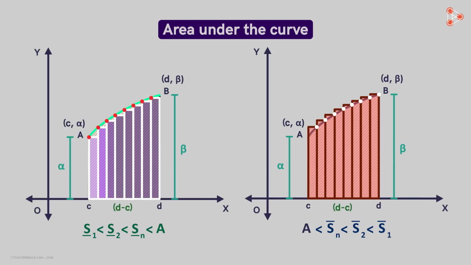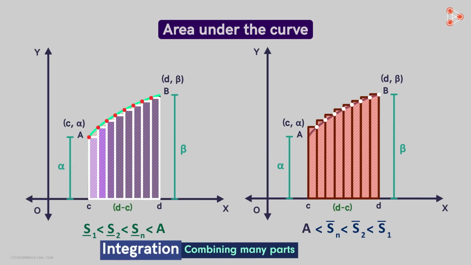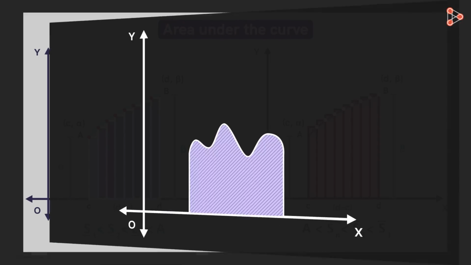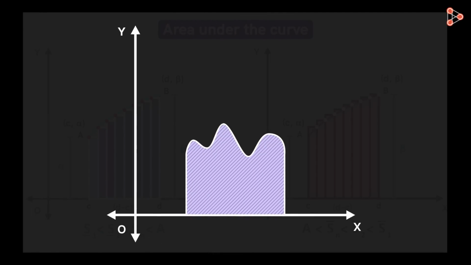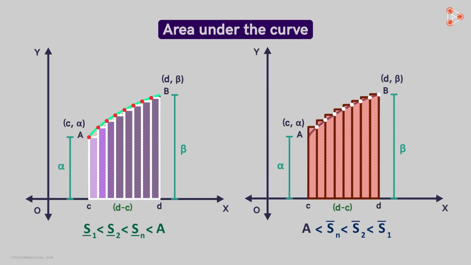It's called integration. Integrating is nothing but combining one thing with another to form a whole. Using this method, we can find area under any curve. What we did here is that we first divided this interval into small parts. Then by taking the minimum and the maximum y value in each part, we calculated two approximate areas.